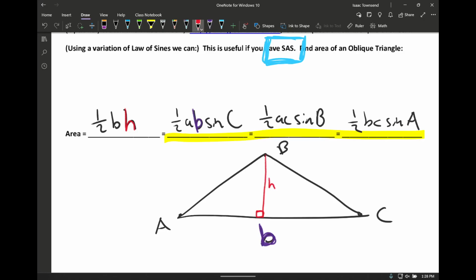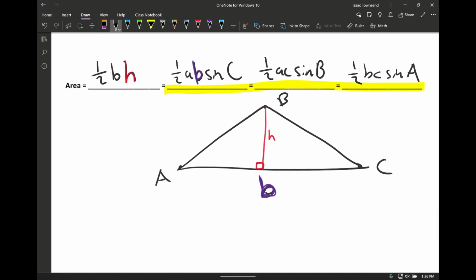And the reason why these formulas are nice, even though you should have the trig knowledge now to be able to derive this, last semester we would have said, well, you've got a right triangle here. So from angle A, I could say the sine of A is opposite over hypotenuse.